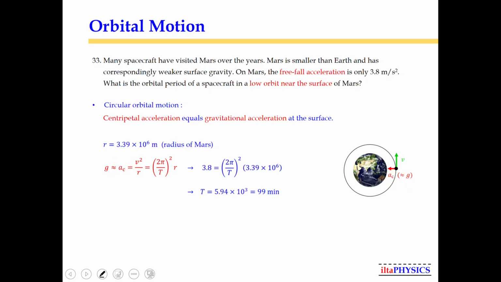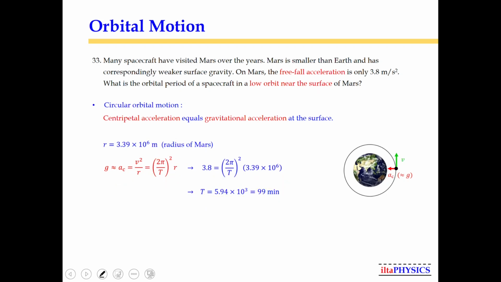Specifically, since we are looking for the period, if we use the formula containing the period and substitute the given conditions into the equation, we can calculate that the period of the satellite is 99 minutes. Today, we covered very typical types of problems regarding the orbital motion of satellites.